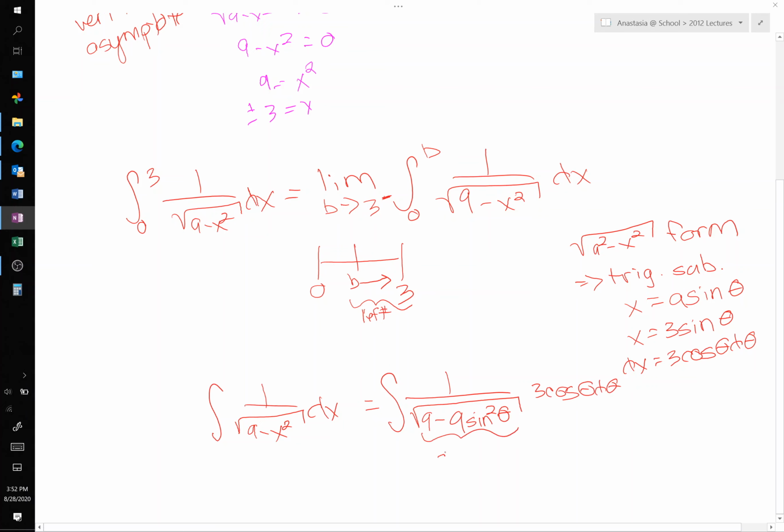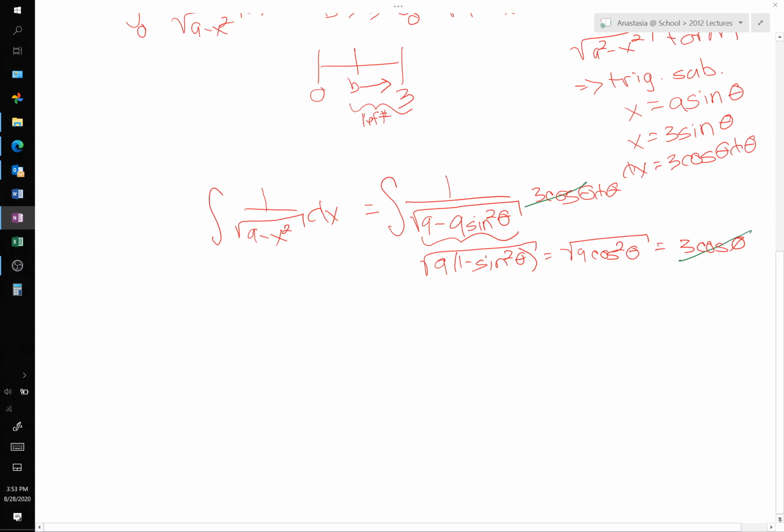What's under here? We're going to have 9 times 1 minus sine squared theta. The square root of that is the square root of 9 times cosine squared theta, which gives us 3 cosine theta. But that's in the denominator, and we already have a 3 cosine theta in the numerator, so that's all going to cancel. What we are left with is the integral of d theta, which is simply theta.